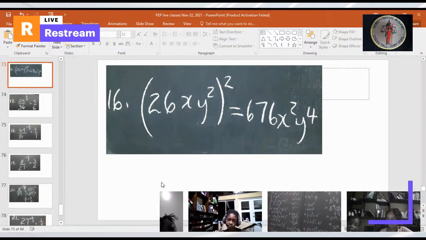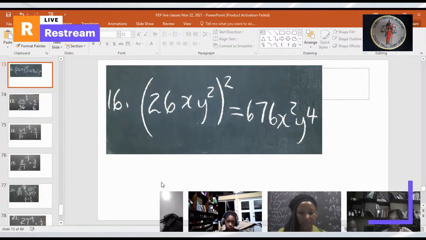Miss, you do 26 squared. 26 squared equals 676. How did we get the 676? 26 squared equals 676. And x to the 1 power times 2 equals x squared.